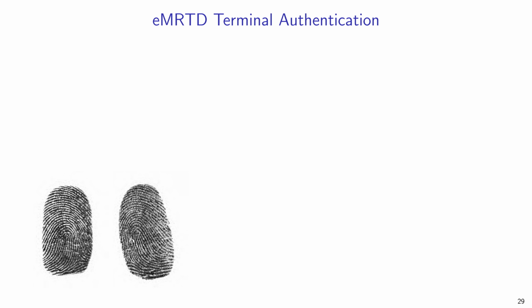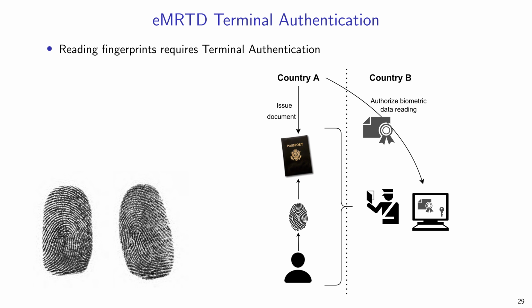Now, as a rule, the fingerprints of the document holder are also stored on the chip, but since fingerprints are considered more sensitive biometric information, the terminal has to prove to the chip that it is authorized to read them. So, reading fingerprints requires terminal authentication, and here is how it works.